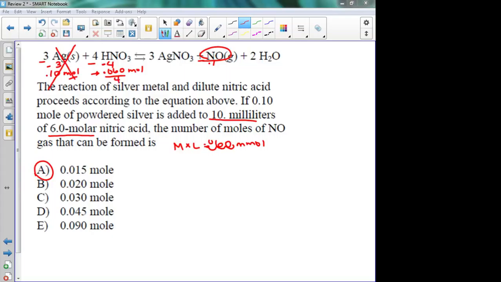What's 60 divided by 4? 15. Because 60 divided by 2 is 30, and if I divide that again, I get 15. So it's 0.0150 moles.